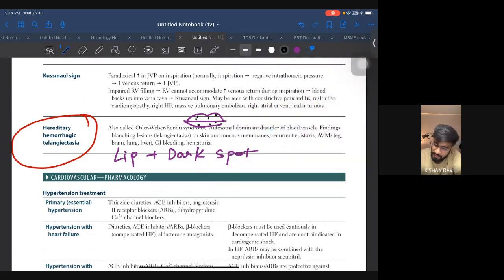Plus they will say dyspnea and increased ejection fraction.